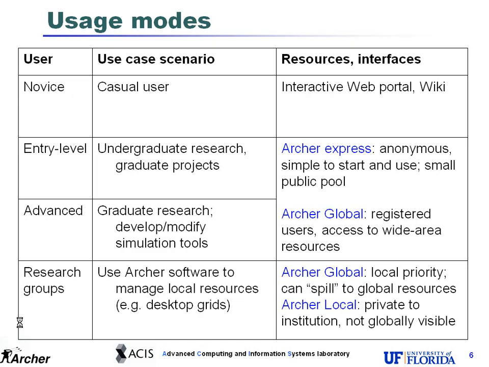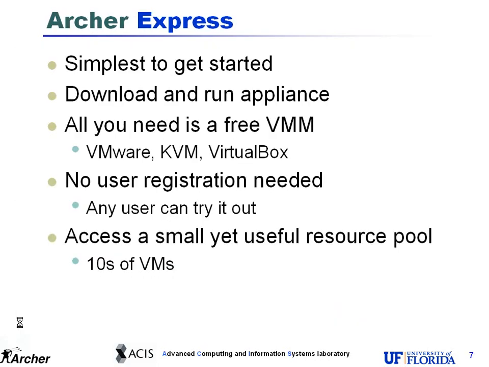Archer Global has a registration system in place, a larger number of machines, and access to a larger number of resources. For advanced users and research groups, not only can you have access to Archer Global, but if you'd like, you can deploy Archer on your own local resources on a private virtual machine cluster.